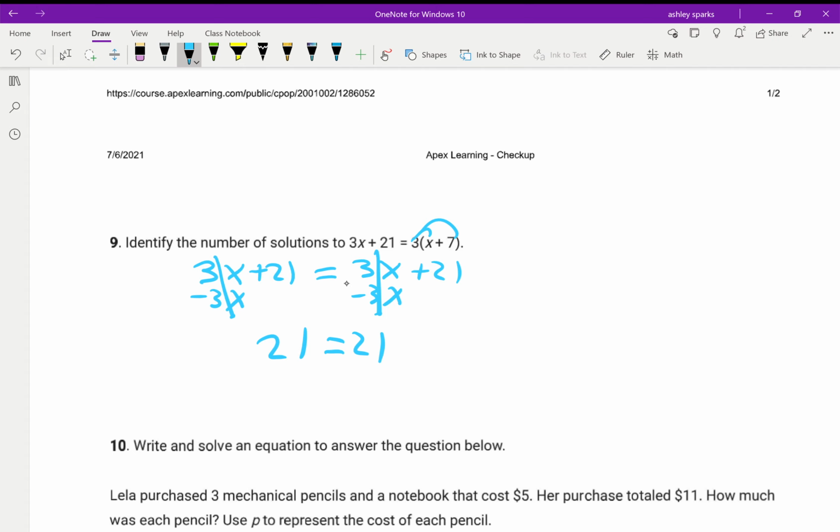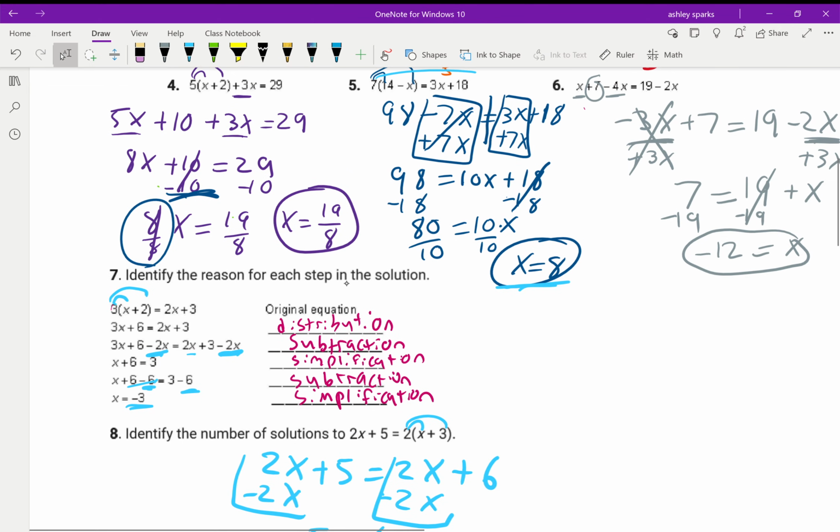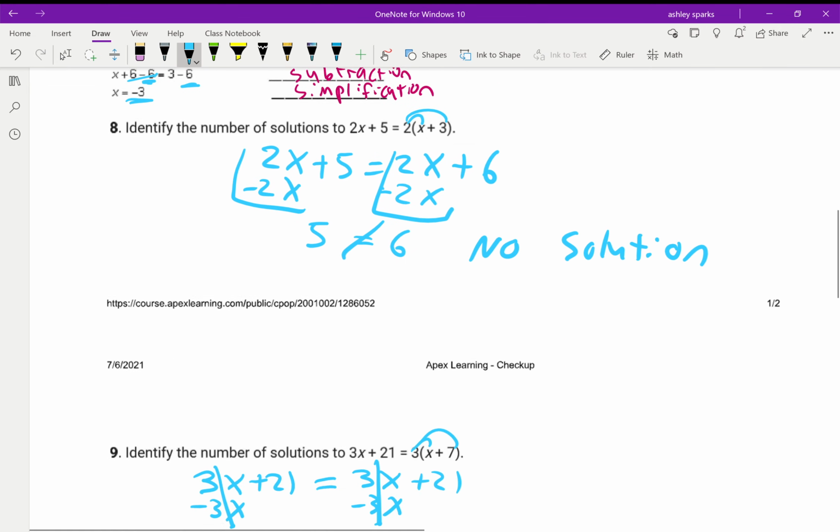When you have two numbers equaling each other, this is an infinite number of solutions. So it doesn't matter what you put in for x, these two are going to be equal. So if the number is the same on both sides, it's infinite. If the number is different on both sides, it's no solution. And if x equals a number, it is one solution.